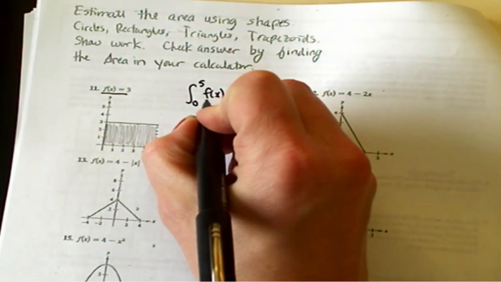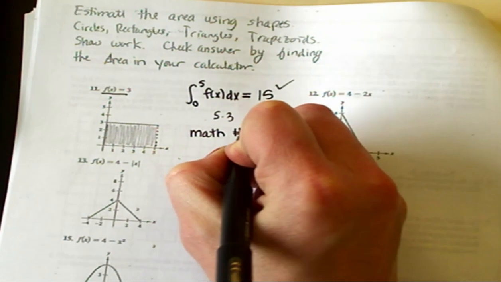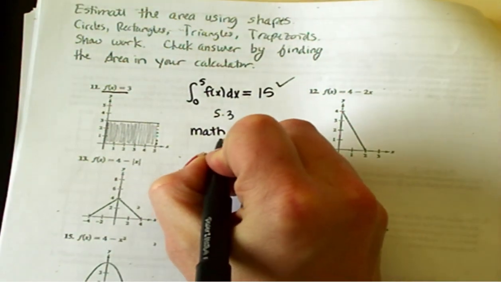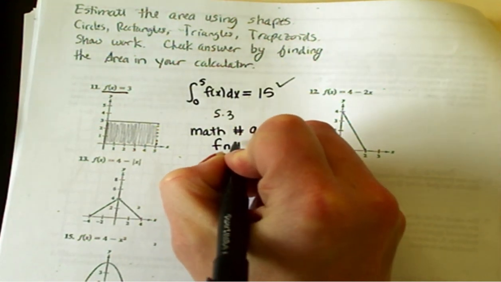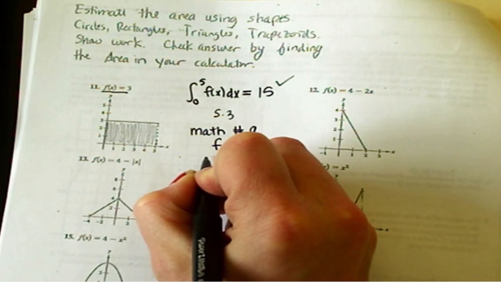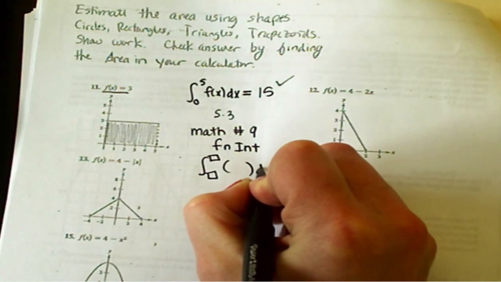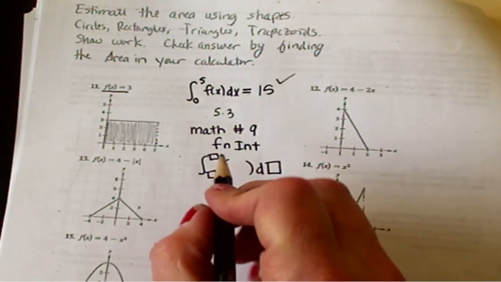Okay. So how do you get this? You press math. I believe it's number 9. fnInt. And then you have to fill in these parts. Where do you start?